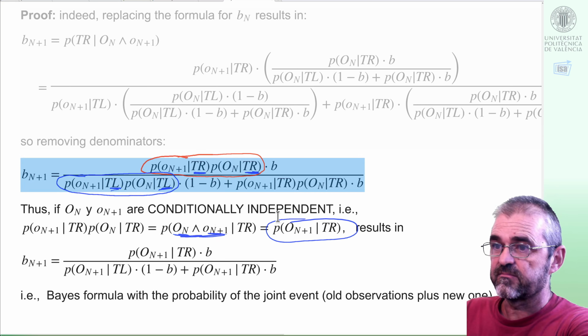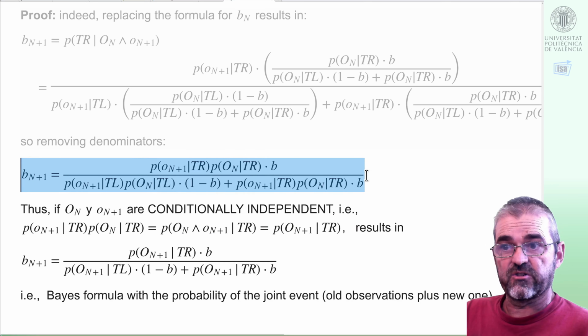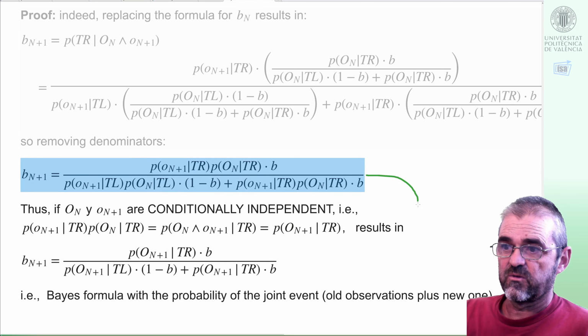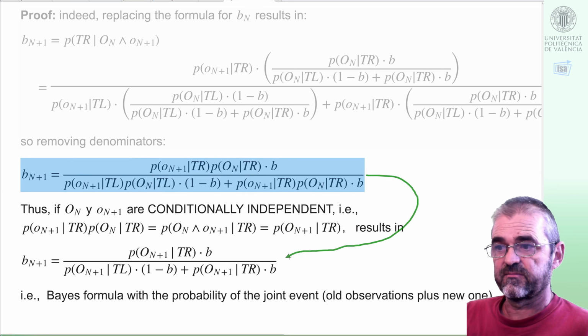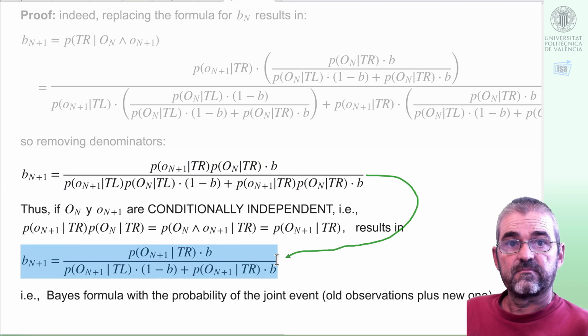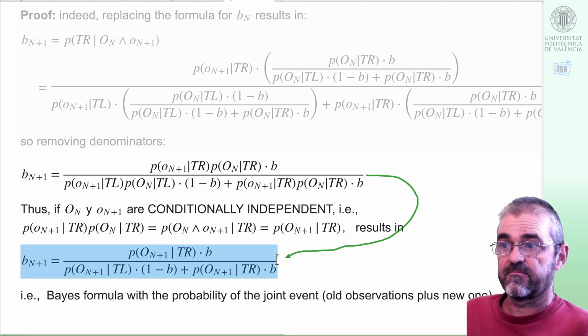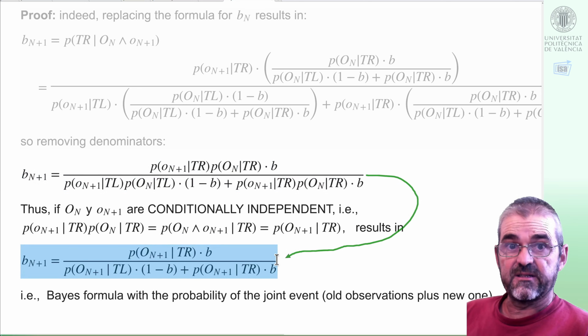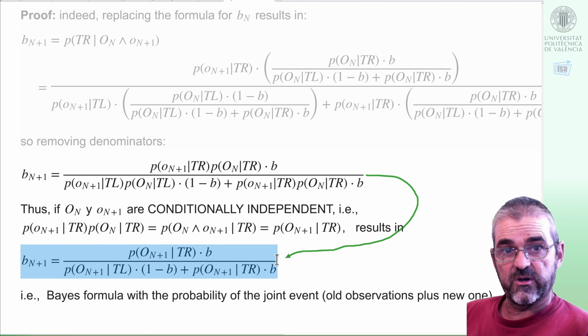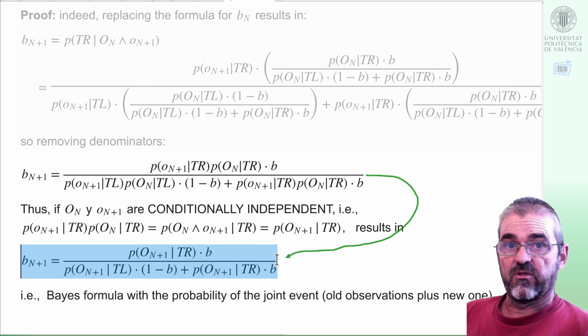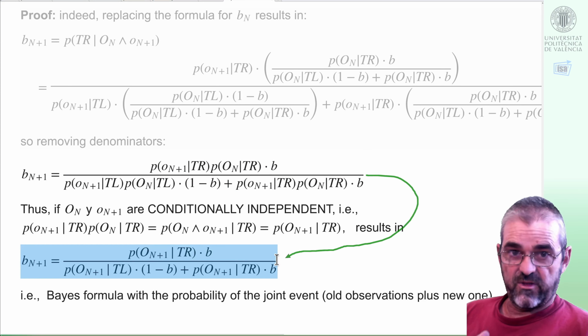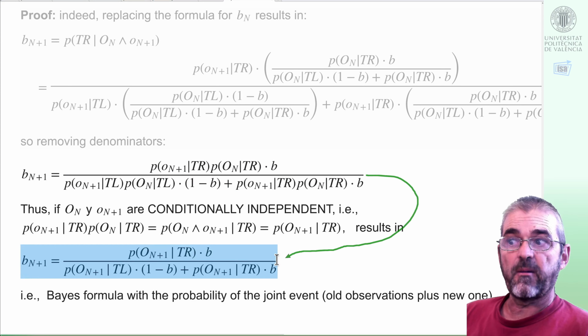So at the end, under the conditional independence assumption, we indeed proved that what we obtained is the posterior probability given the n+1 observations and the prior without hearing any roaring belief b, and of course 1 minus b, my belief on the left side.